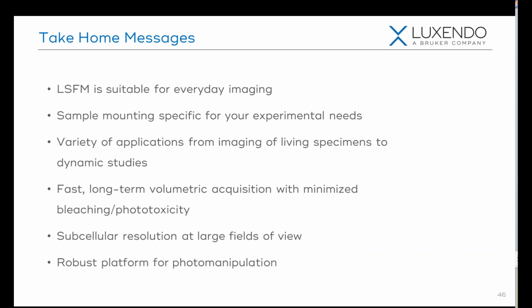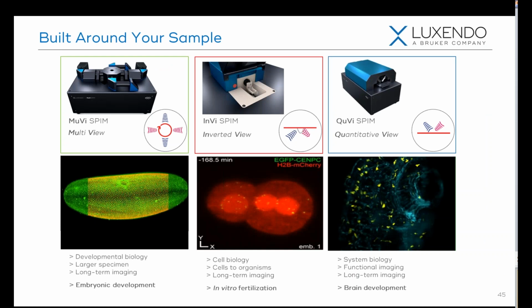So I would say the QV and the NV would be good setups for your application. In particular, the NV, just because of the fact that we can culture these in the sample chamber here, and it's a very high resolution light sheet, as you can see from this video.